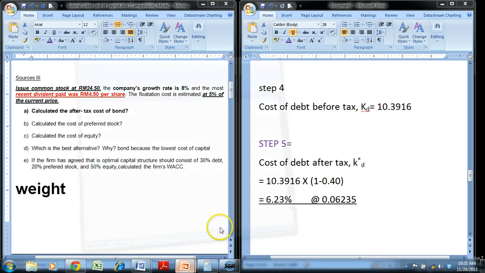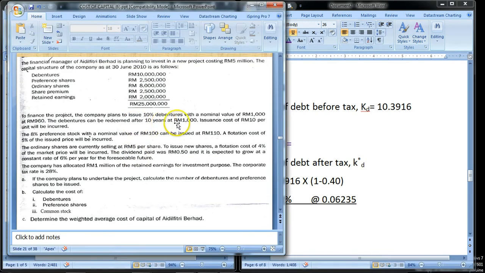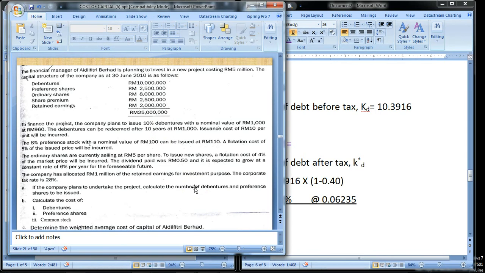You need to calculate. So this is another question I just want to share. Do you see any weight? No. So you need to calculate. First of all, you need to add up the ordinary shares, share premium, and retained earnings. So the total is 12,500,000, correct? So how to calculate the weight? What is the weight for debentures? 10 million, this is the optimal capital structure.